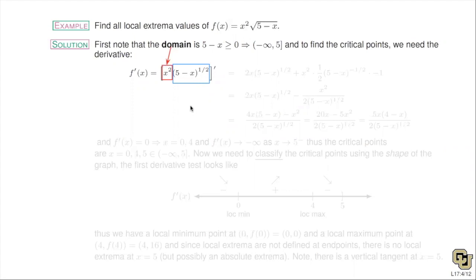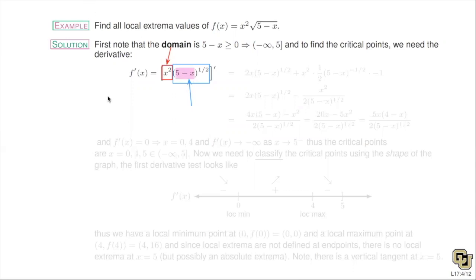For the derivative of the second function, what I want you to see is a composition. We have an inside function, which is 5 minus x, and then the outside function is raised to the 1/2.